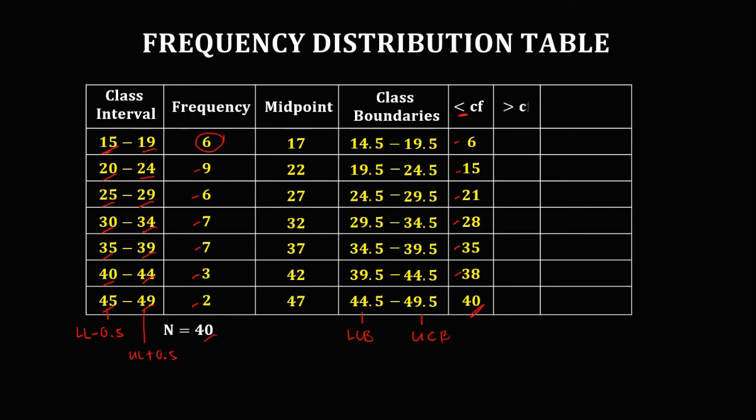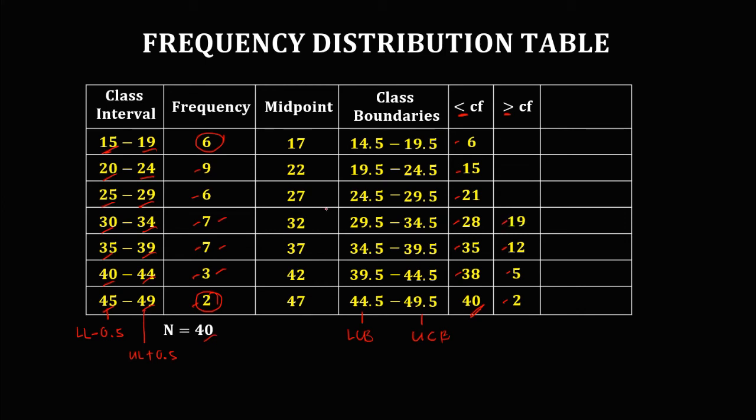Then for the greater than cumulative frequency, since it's greater than, we need to start on the last class. We write the frequency of the last class, 2, then do the running sum. So 2 plus 3 is 5. Then 5 plus 7 is 12. Then 12 plus 7 is 19.